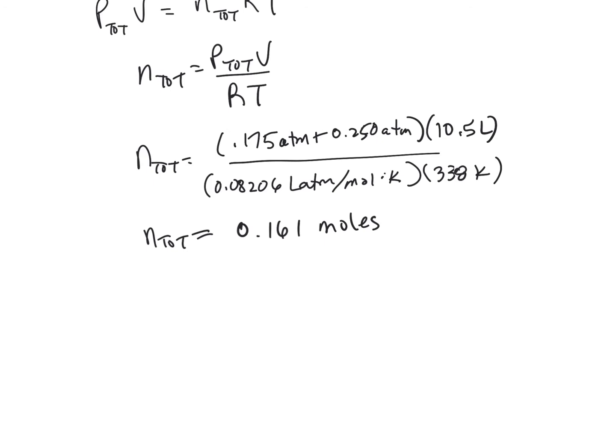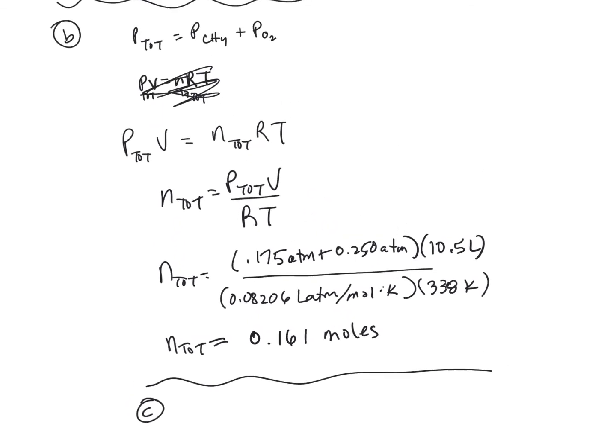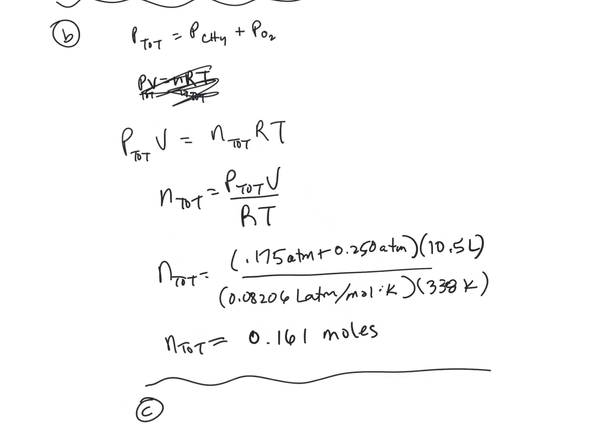Okay, and then go back up to part C. And for part C, calculate the number of grams of each gas in the mixture. So you would have to take the moles of each and use molar masses to convert to grams. You have to get the moles of each one.